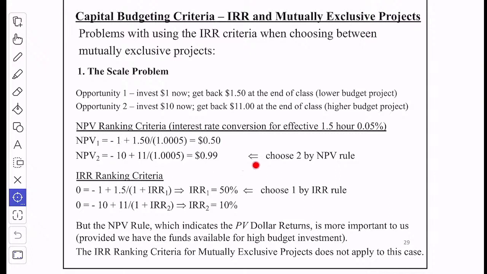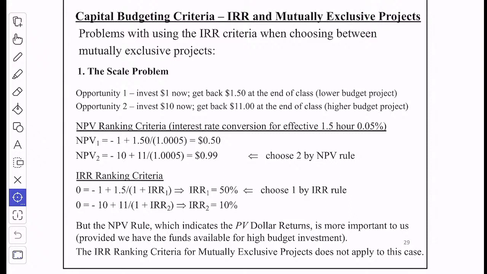If I use NPV, and I even threw a discount rate in there just for fun, it looks like I should choose number 2 because I'm getting practically $1 back. And that's more than 50 cents. But if I use internal rate of return, this looks like 50% and 10%. So how I reconcile this is that you cannot use the internal rate of return when you have comparably different size projects. Okay, it's not meaningful. So this is an example.